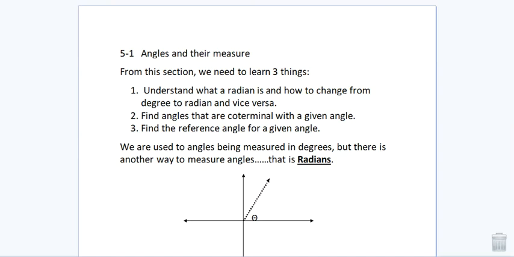So we're going to change from radians to degrees and degrees to radians. What are we talking about in degrees? Angles, so angle measures. One whole revolution would be how many degrees, kids? 360. What do you know about radians?